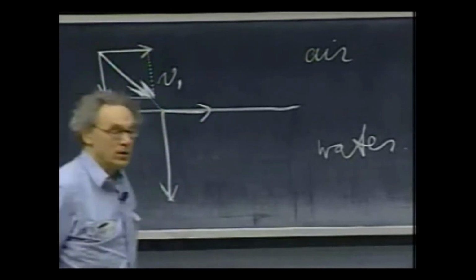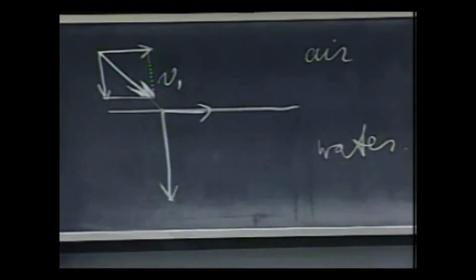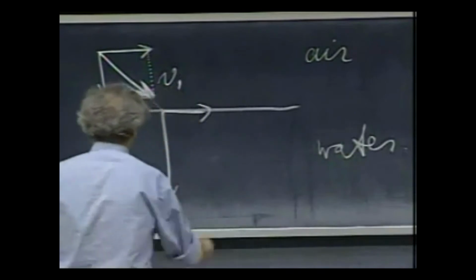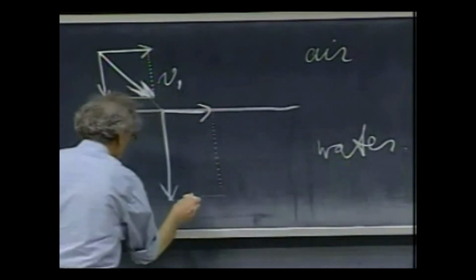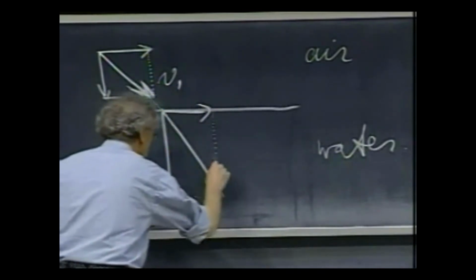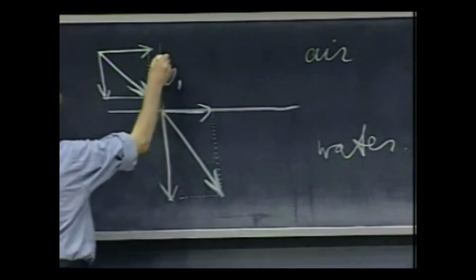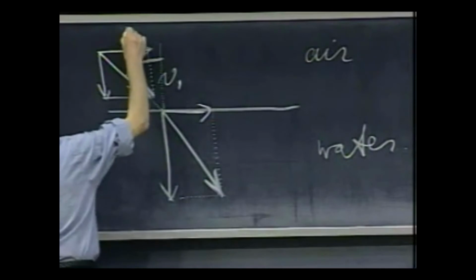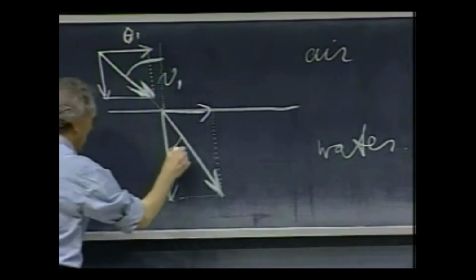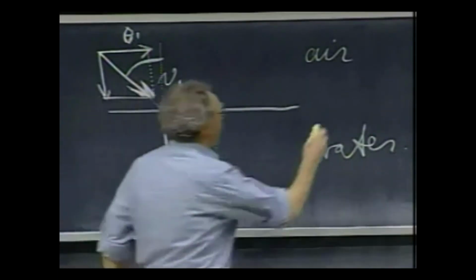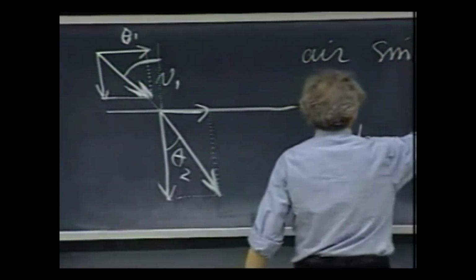This becomes substantially larger, depending upon the index of refraction, of course. And so the new velocity is now in this direction. And so you see that indeed the angle theta 1 is larger than the angle theta 2. But Snell's law immediately follows from this.